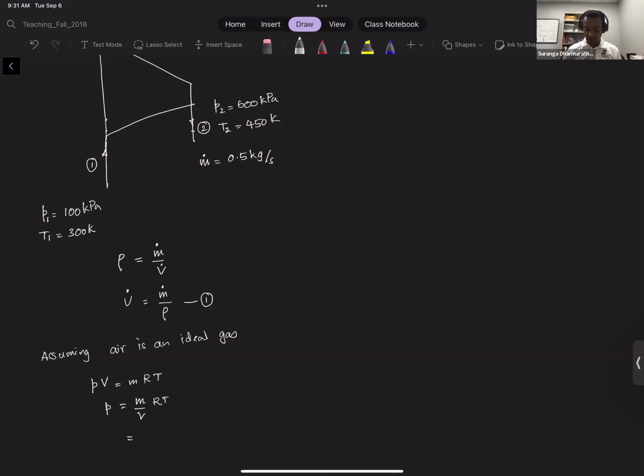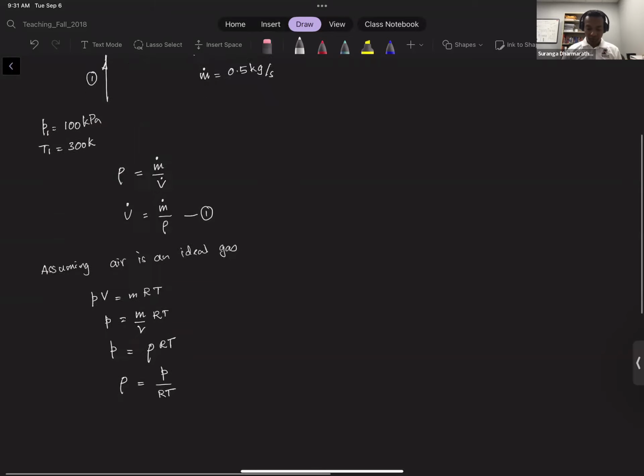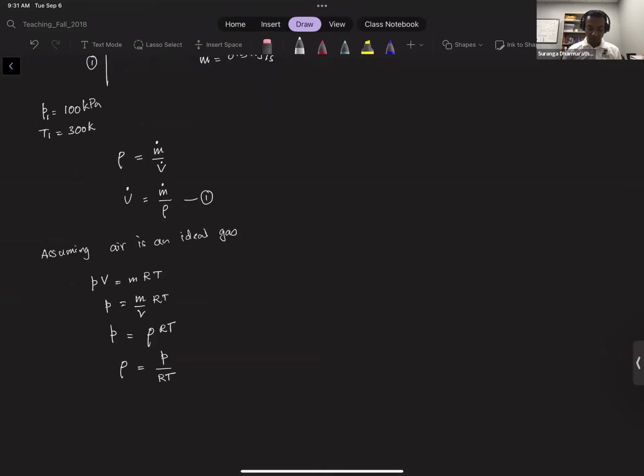So m divided by V again is rho, density. P equals rho RT. So rho is equal to P divided by RT. Now we can find rho. This is my equation 2.